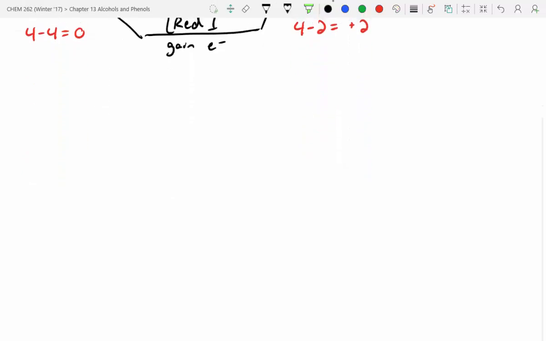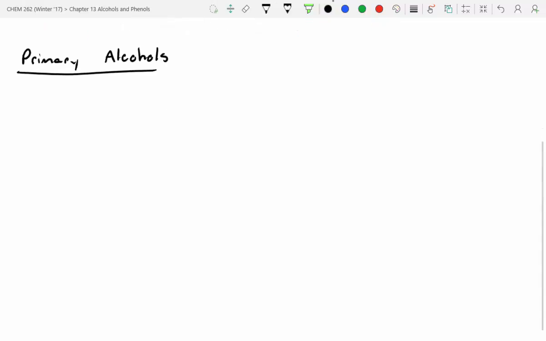So let's take a look at some of these oxidation reactions. So let's start with a primary alcohol, and let's do a 2-electron oxidation. If we do this, we can convert this alcohol to an aldehyde.